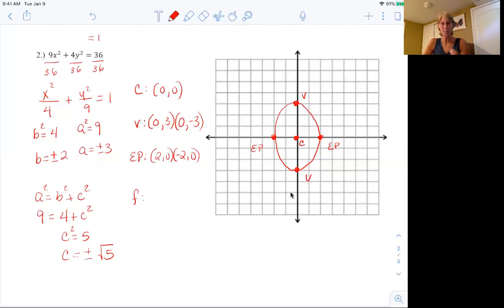Okay, we're not going to put decimals on our page. We're going to think in terms of square roots. So square root of 5 is really a number between 2 and 3, right? So we're going to count 2 boxes and a little bit. We're not going to make a big issue of it. Count up 2 and a little bit. Count down 2 and a little bit.